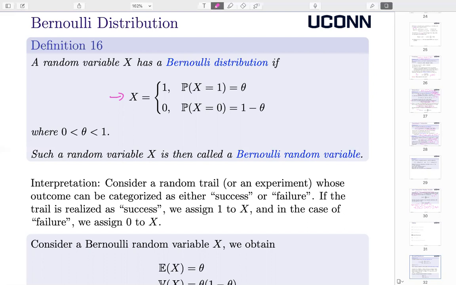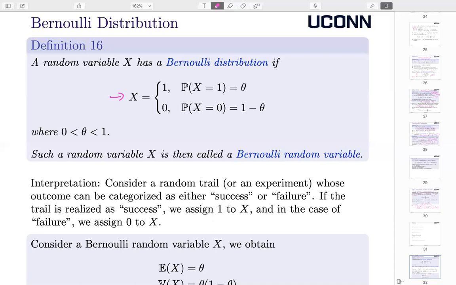In general, Bernoulli distribution applies when we have two disjoint categories, which we can call success and failure. You can think of success as the value 1, failure as the value 0, which means if you run some experiment and in the end, if you get success, you assign value 1.